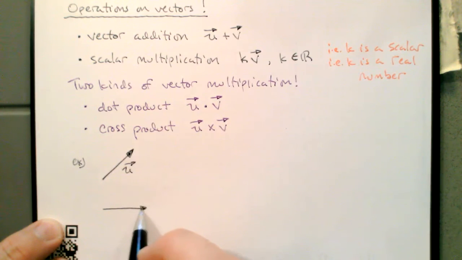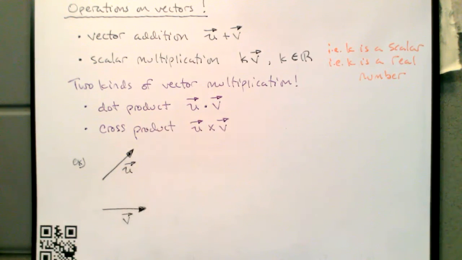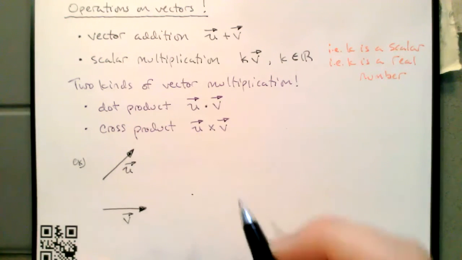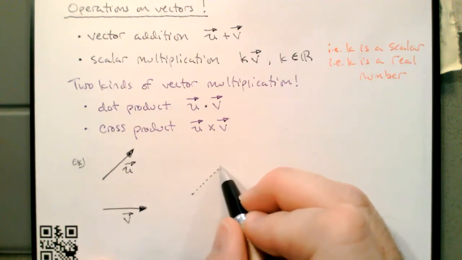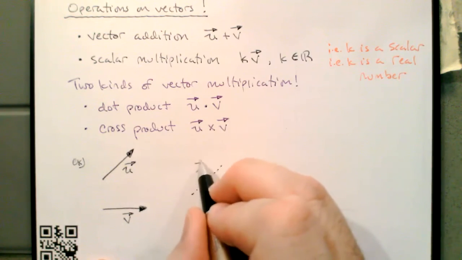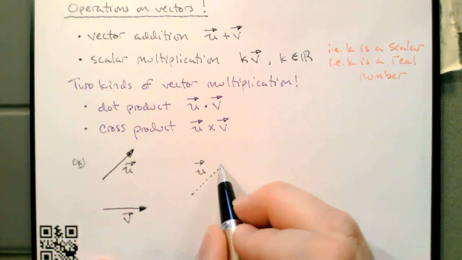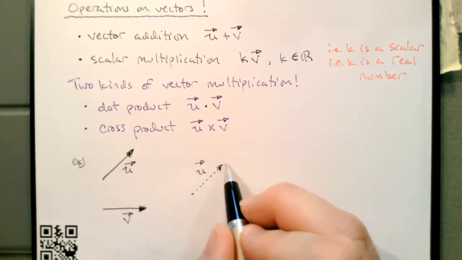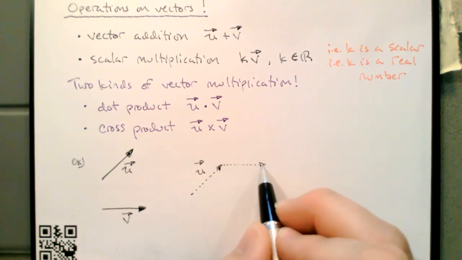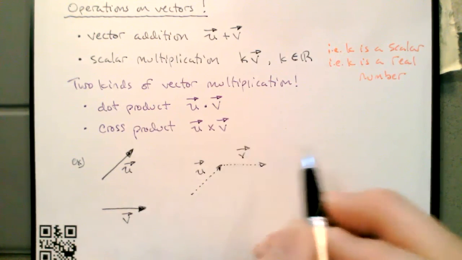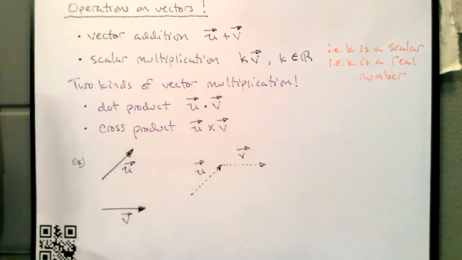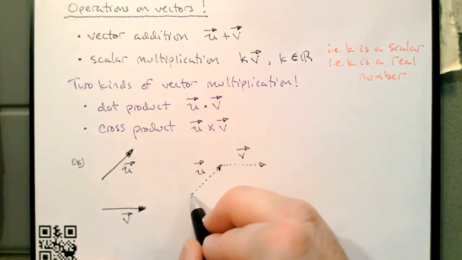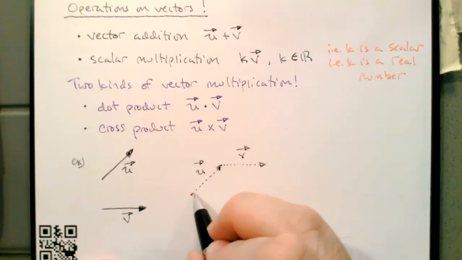There's the vector v. If I want to find the vector u plus v, I put u, there's u, and then I put the start of v at the end of u. And the sum vector will go from the start of u to the end of v.